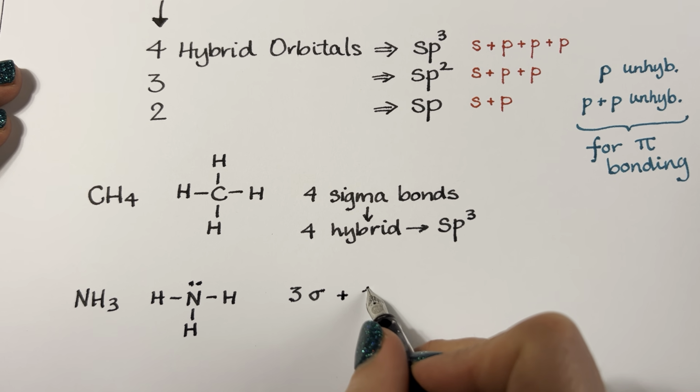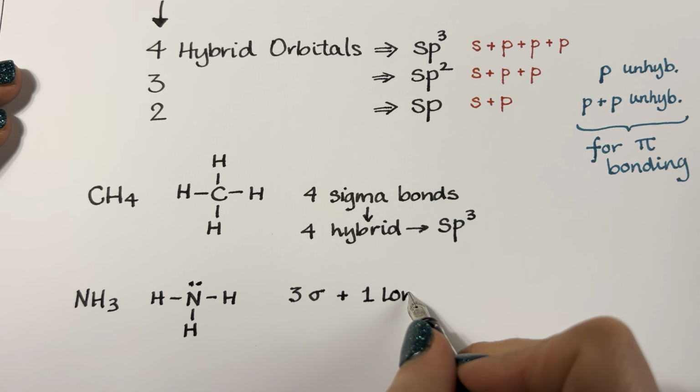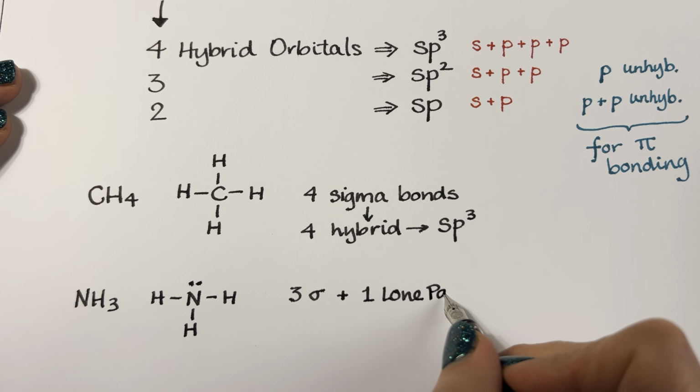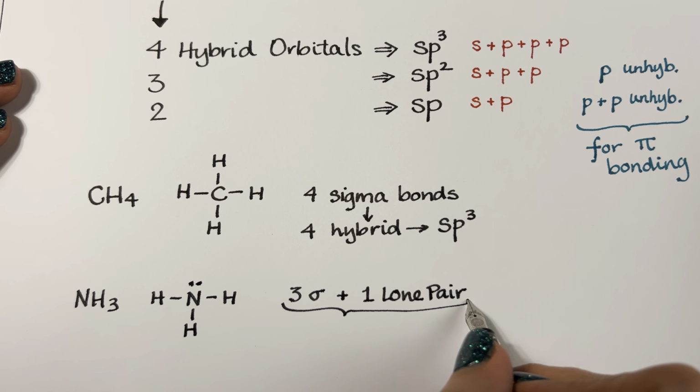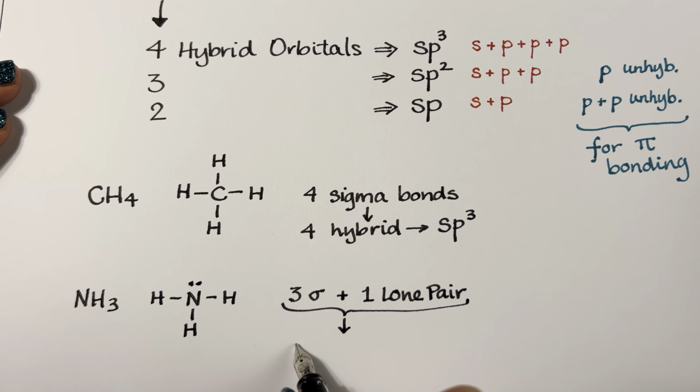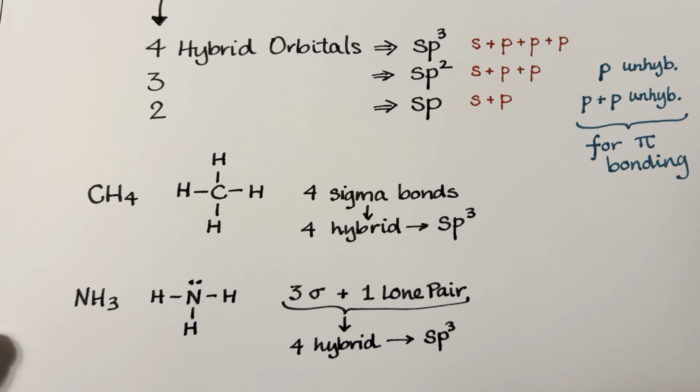And 1 lone pair. That means 4 hybrid orbitals. See how great this works? It must be sp3. Okay.